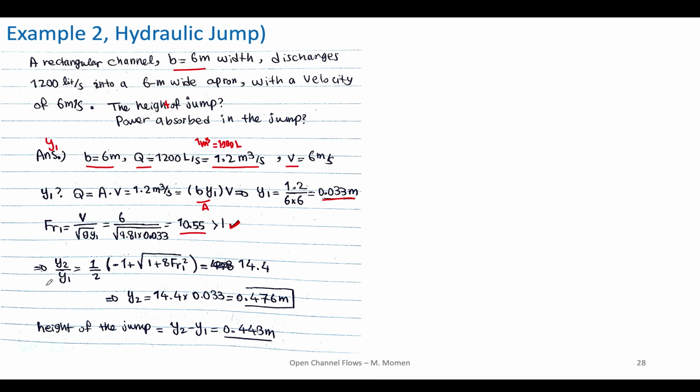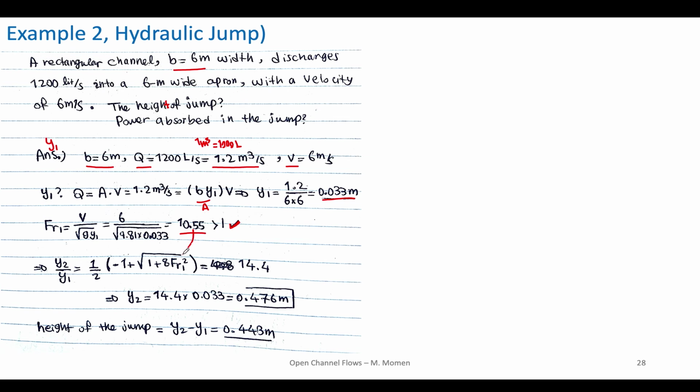Okay, so now based on the relation we derived for hydraulic jump, we want to calculate Y2 to be able to find the height of the jump. Y2 over Y1 is 1/2 times minus 1 plus square root of 1 plus 8 times Froude number 1 squared. Froude number 1 is the upstream Froude number which we found here.